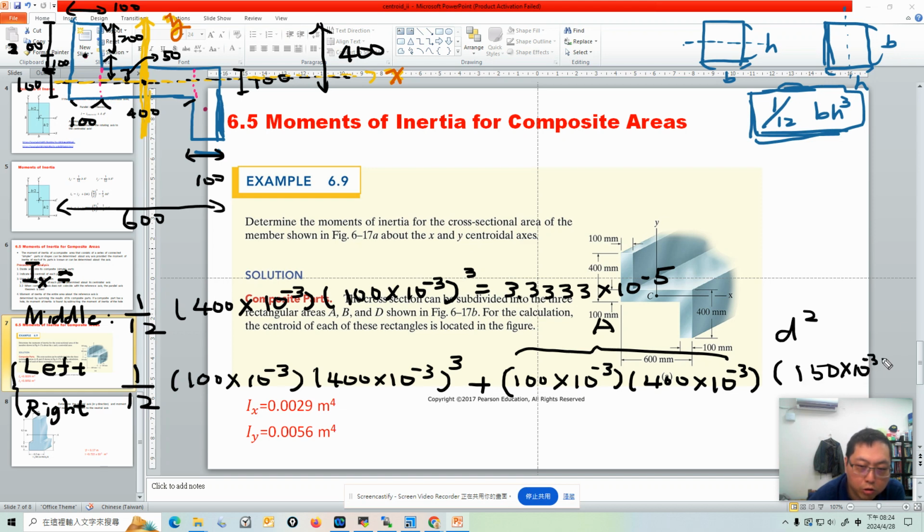150 millimeter, squared. This is just the left part, so let's see its value. Hope I'm calculating right.